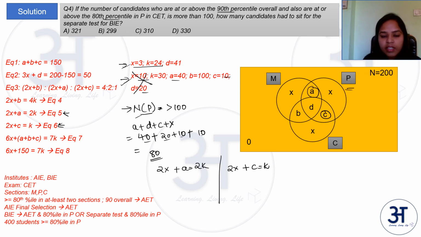So in this case we have x is equal to 3 and we have k is equal to 24. 24 twos are 48. So we get a equal to 42 and we get c is equal to 18. Once we get this, now we have all the information.